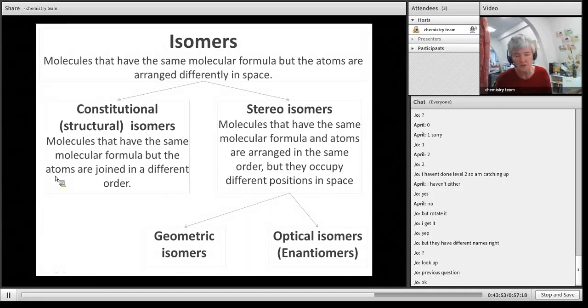With stereoisomers, they're arranged in the same order, so I'll have my OH on the same carbon atom, for instance, but it's going to have a different position in space, and there's no way I can flip or do anything to that molecule to get it to occupy the same position in space. So it can be either a geometric isomer or an enantiomer, an optical isomer. So let's have a look at constitutional isomers.